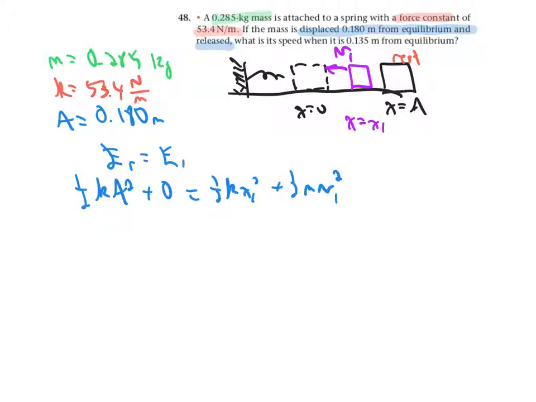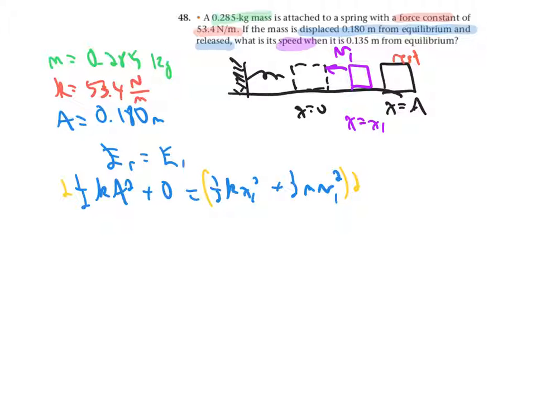And now we can see that this thing is what we're looking for, which is v1. Alright, so we can just solve, and the first thing we do is probably multiply through by 2 on both sides and get rid of that pesky 2.